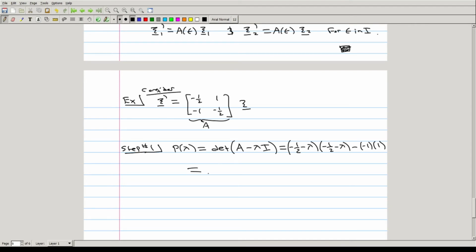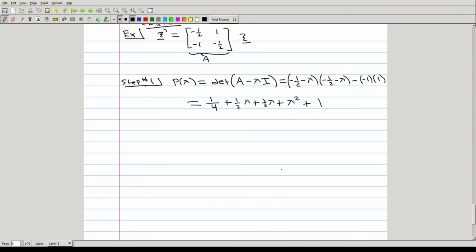Which results in the characteristic polynomial being 1/4, which is negative 1/2 times negative 1/2, plus 1/2 times lambda, plus 1/2 times lambda, plus lambda squared, plus 1, which is the quadratic polynomial lambda squared plus lambda plus 5/4.